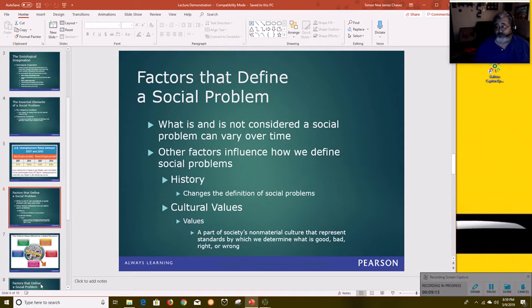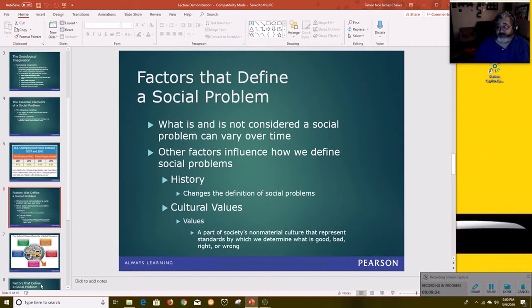Okay, social movements. A long time ago, women were not allowed to go to school. So if a woman was illiterate and couldn't read, it wasn't uncommon. Now, in today's society, things have changed. Women are allowed in schools. Women are allowed to get an education.